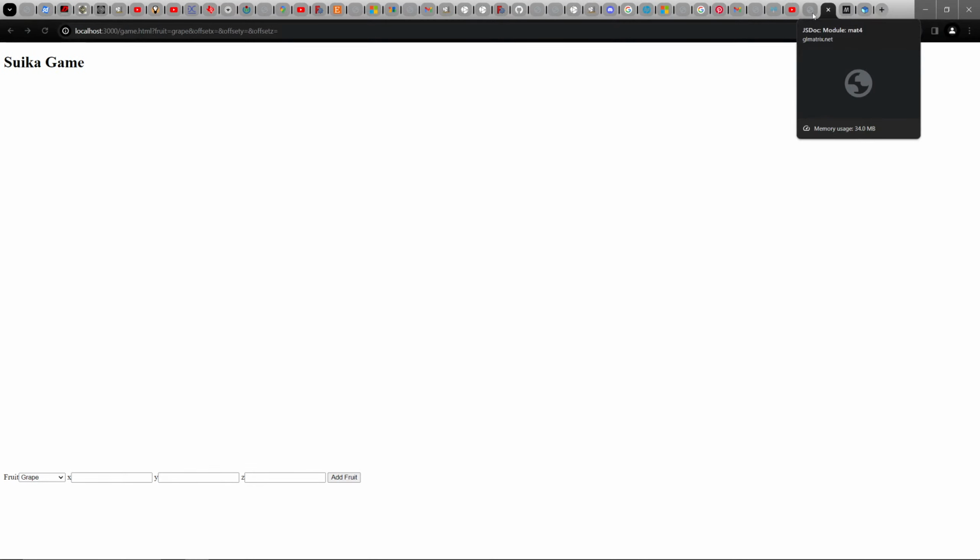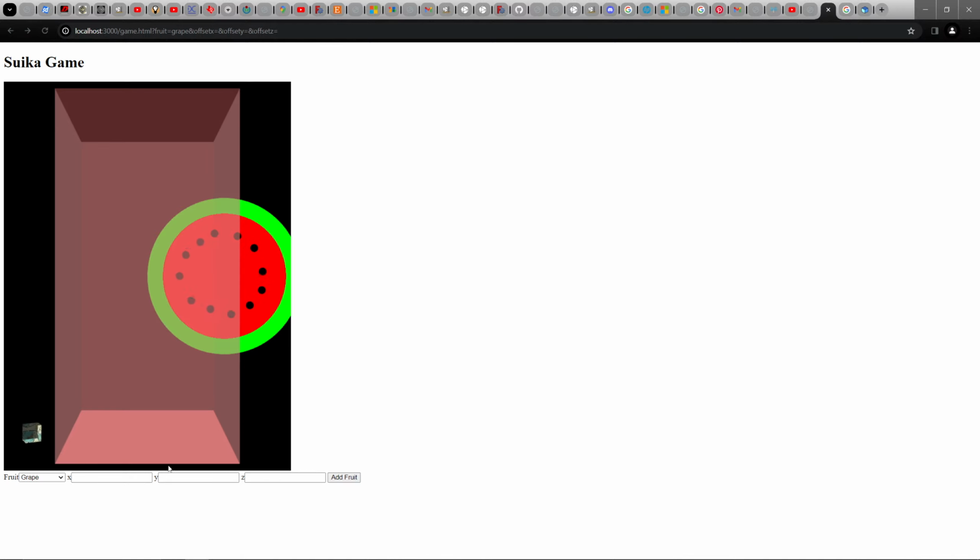I have the container box and this is where we'll be able to drop fruit in. And it's translucent, so you can see a watermelon. Got a floating box. Can also add more fruit in currently by using this form, specifying the type of fruit and then the coordinates x, y, and z.